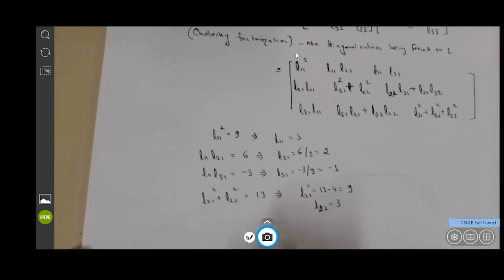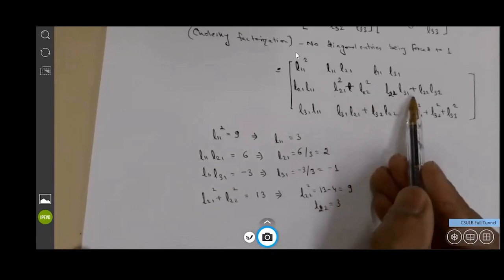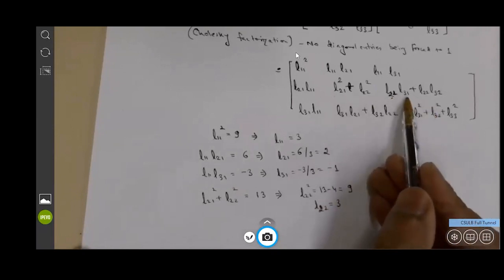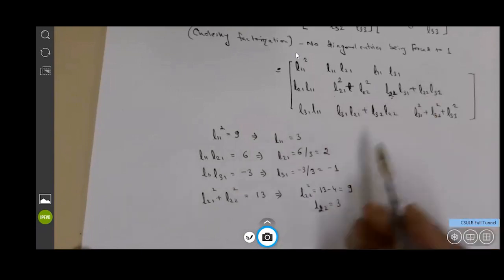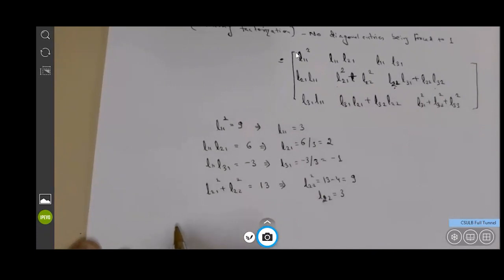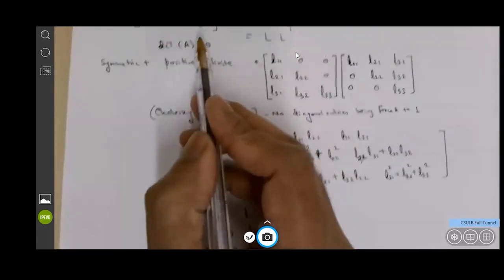So L22 is gone. Now we are basically solving this. Here L22 is known, L31 is known, and L32 is not known. So let's solve for L32. L21 is known, L31 is known, L22 is known, L32 is not known, and that has to be equal to negative 5.